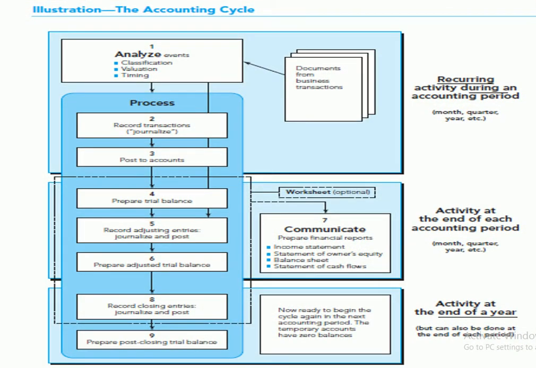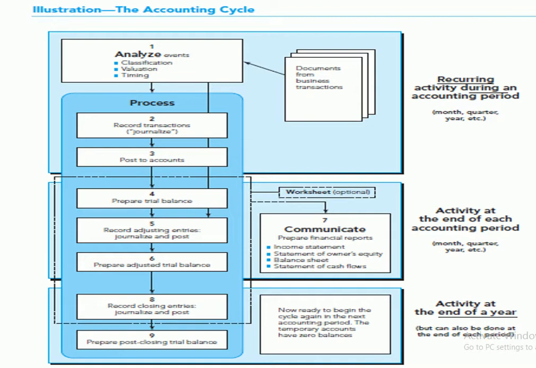Look at this diagrammatical representation of the whole accounting cycle, right? Analyze the events: classification, valuation and time, right? Then the classification, valuation and the time span can be obtained from the documents of your business transactions, the source documents.